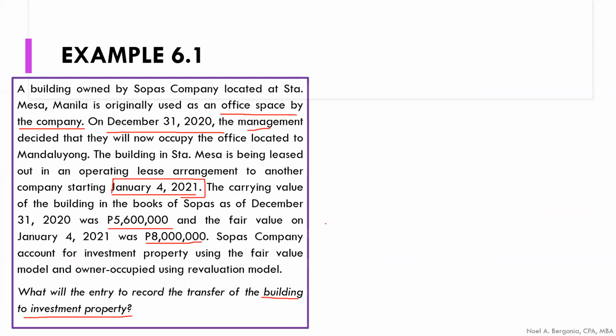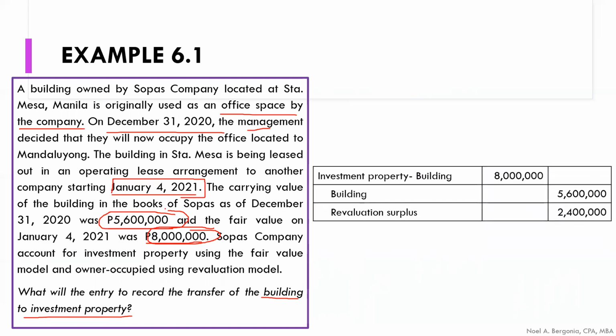Mas malaki yung fair value na magiging value ng investment property kesa sa carrying value ng original na owner-occupied. So what will happen? There would be a revaluation surplus. So debit, investment property at the fair value. Kailan date itong entry? It should be on January 4, 2021.